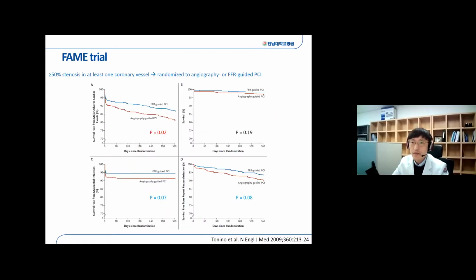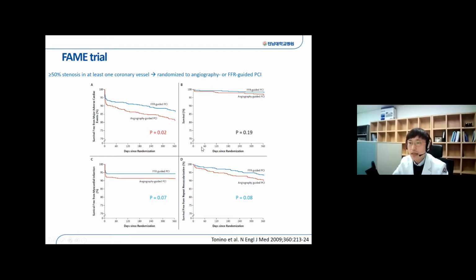This concept of ischemia-driven PCI was first proved by the FAME trial in 2009. Actually, many retrospective studies showed the value of ischemia-driven PCI, but the FAME was the first randomized clinical trial, and the invasive measurement of fractional flow reserve was used in this study.